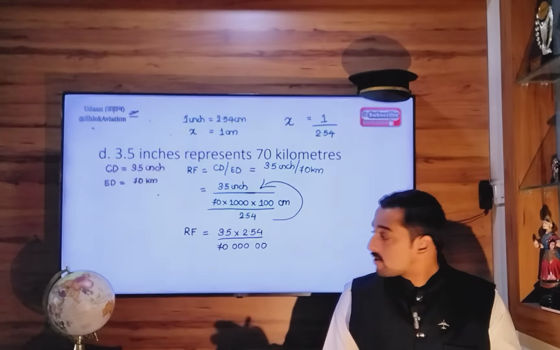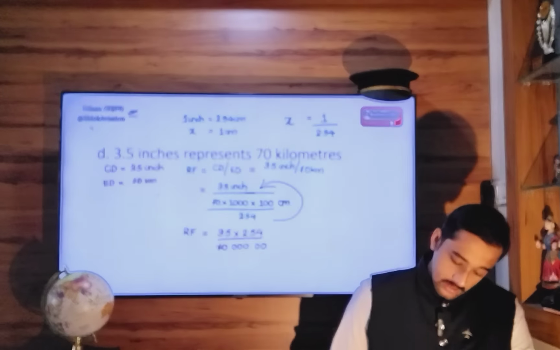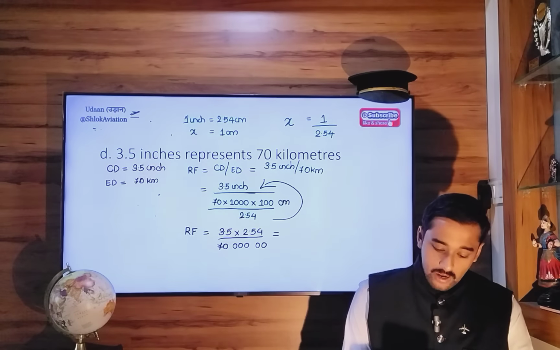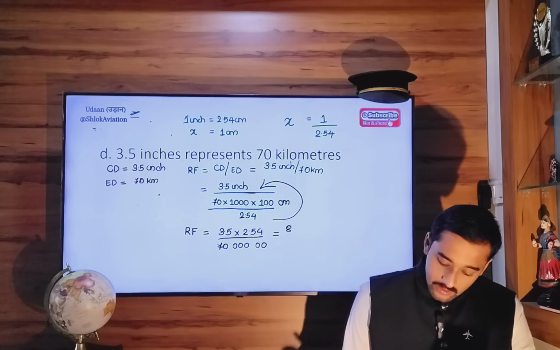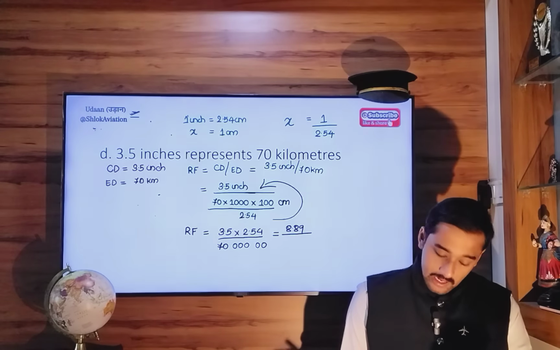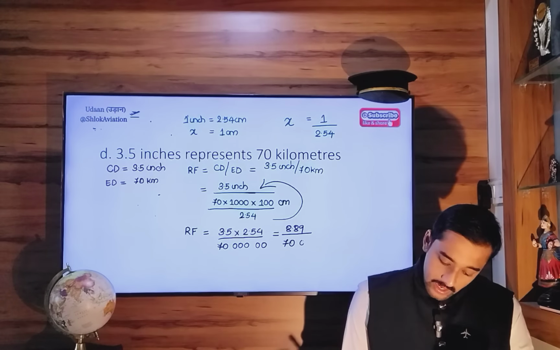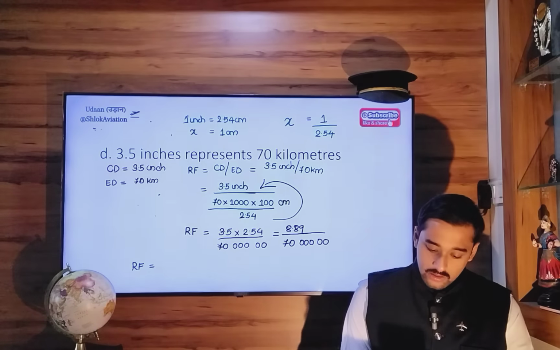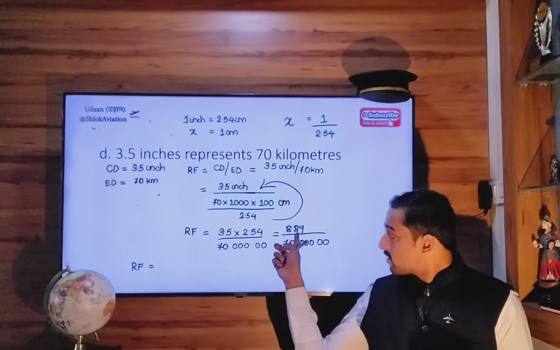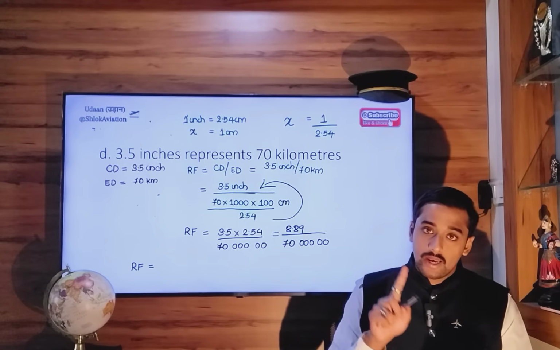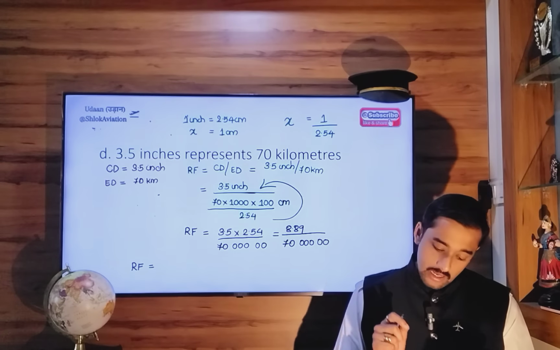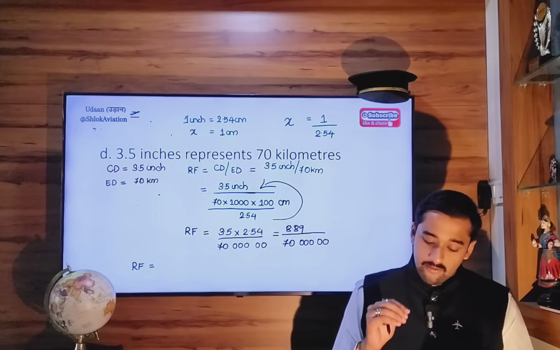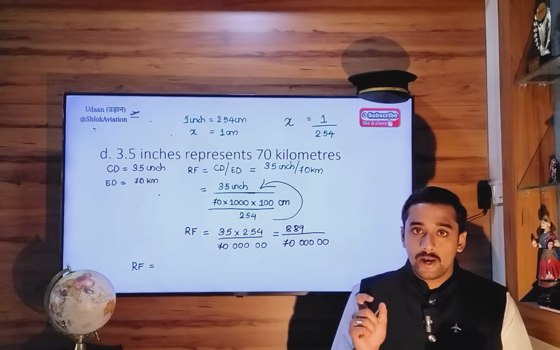Okay. Now 3.5 into 2.54 is 8.89. So 8.89 divided by this value is how much? So representative fraction will be equal to 8.89 divided by 70. To bring 1 in the numerator, you will have to divide numerator and denominator by 8.89.